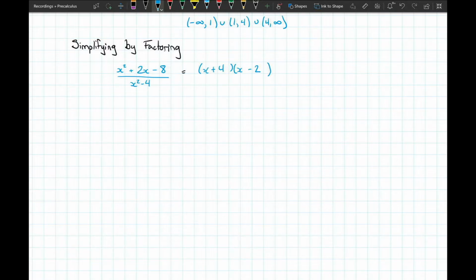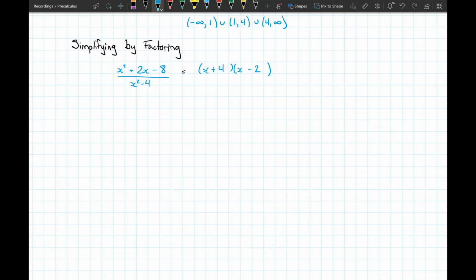Now what about the bottom? That's not a trinomial, so trying to do this idea of guessing and checking so that the two numbers add up to the middle term might not be as intuitive because you don't see a middle term there. However, this is actually one of the special product formulas. We have a square minus a square. Also, if you want to know that, we tend to call that a difference of squares. That's another way to call that.